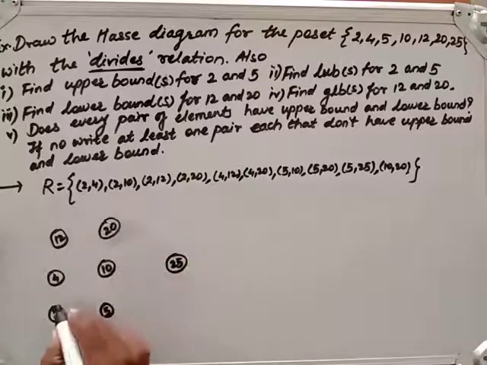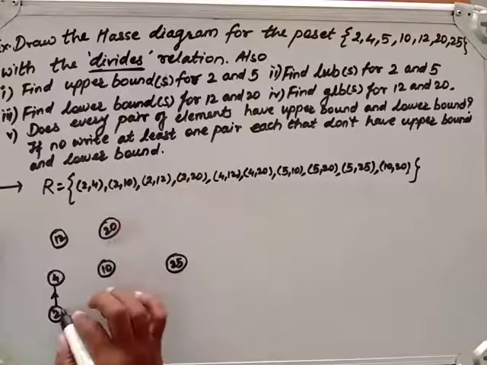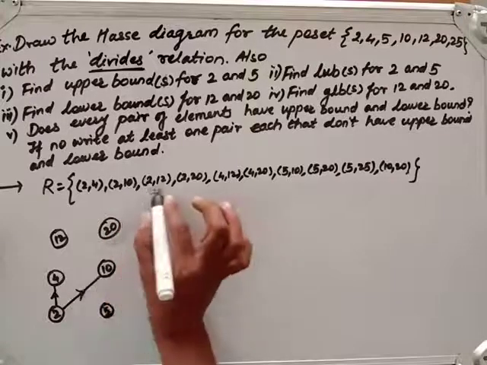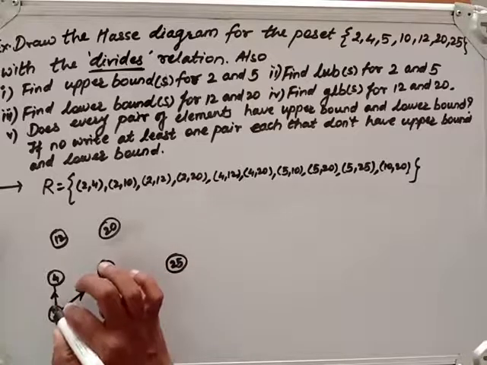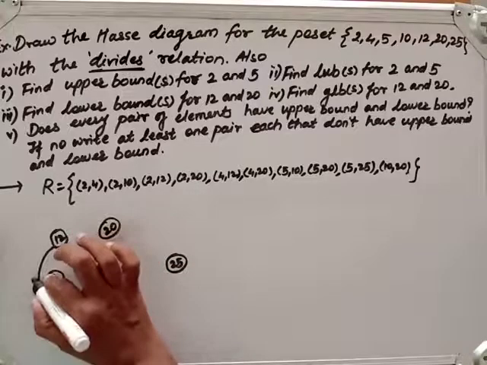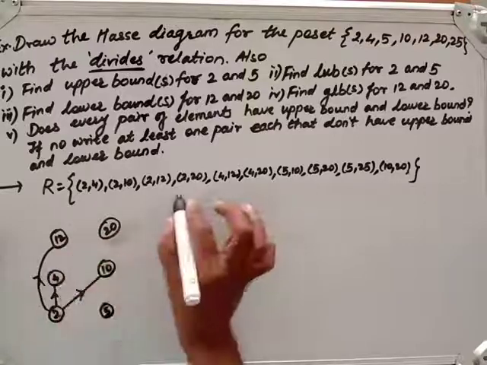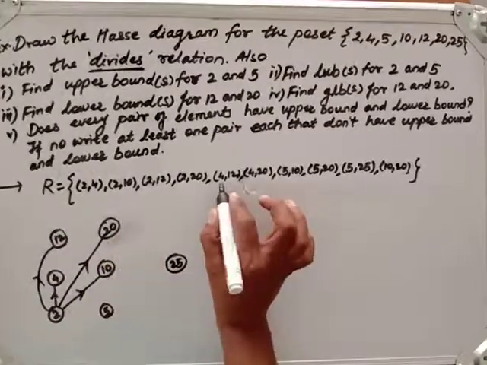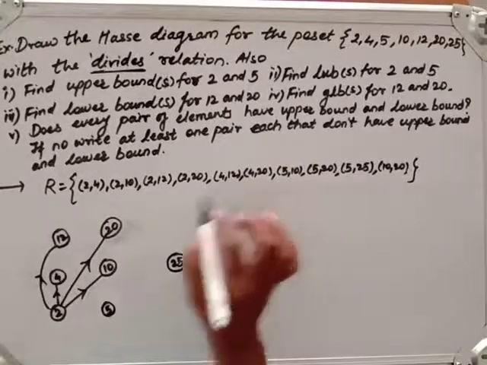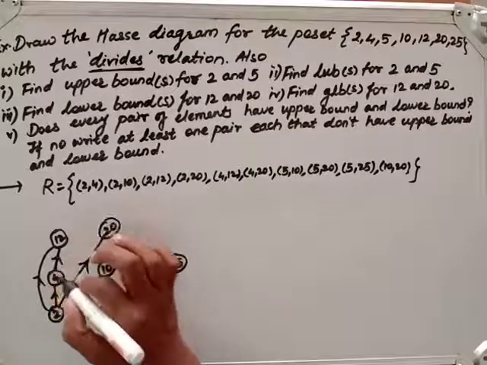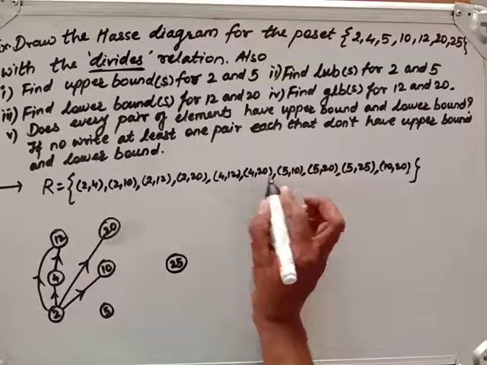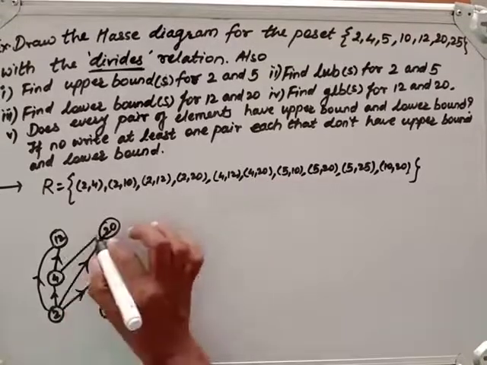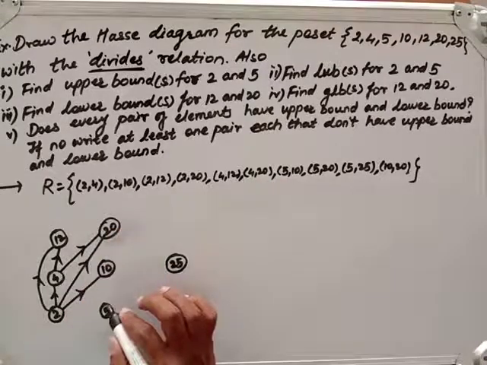Now 2 is related to 4, so there is a line between them. Now 2 is related to 10, so there is a line between them. 2 is related to 12. Fine. Now 2 is related to 20 also. Now 4 is related to 12, so there is a directed line between them. 4 is related to 20, so there is a directed line between them.